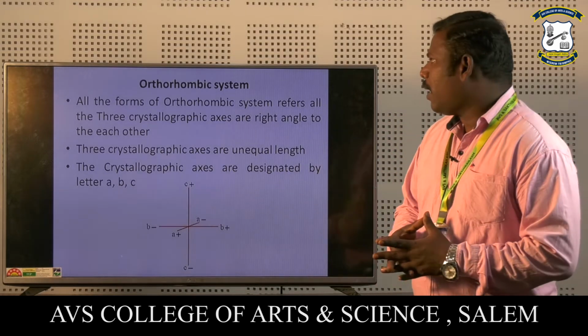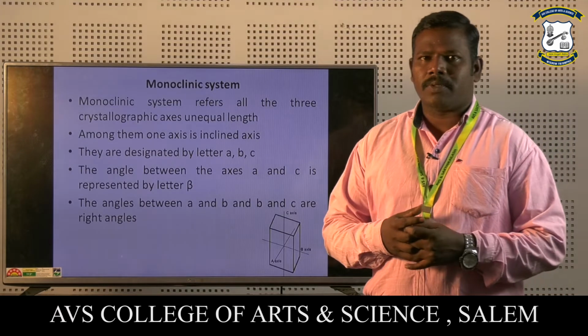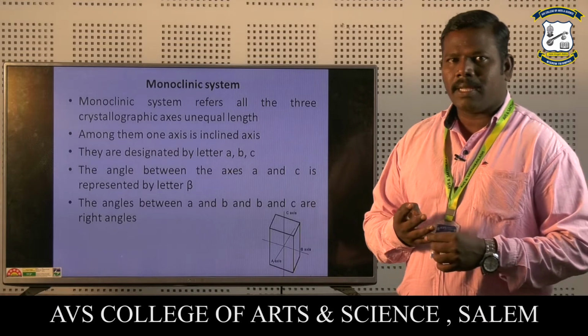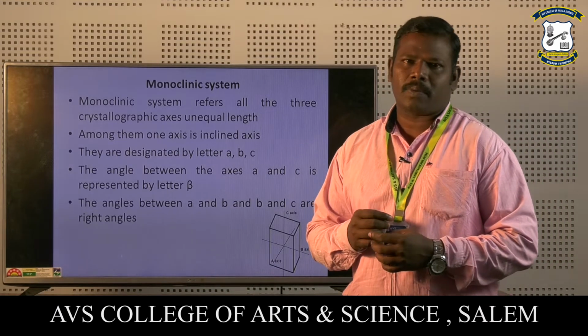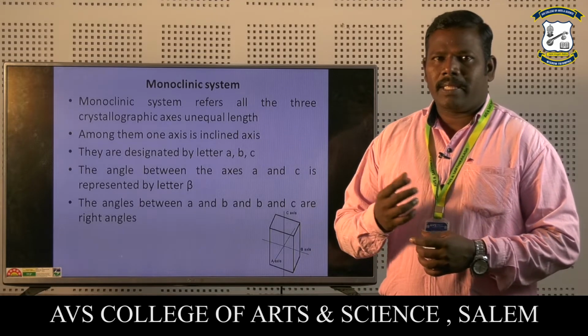The next one is the monoclinic system. In this monoclinic system, we have three crystallographic axes. Among these, one axis is inclined to the observer, that is the A axis. The rest are perpendicular to each other.